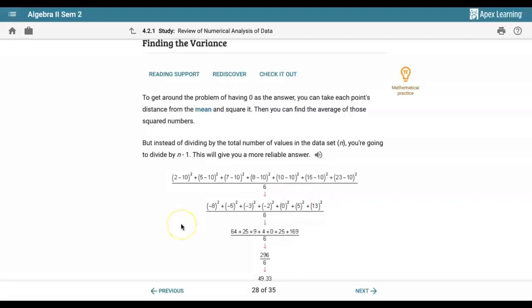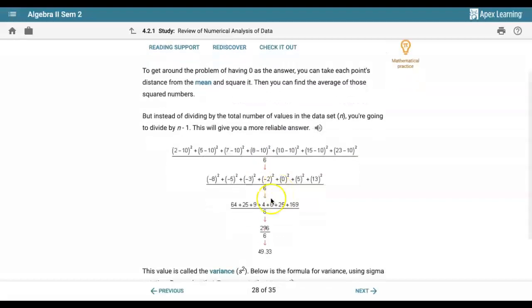And another thing we have to notice is that when we were doing our first original calculation, we had negative values if the point was lower than the mean. So in order to accommodate for that, we can actually square it, because that accommodates for the fact that it might be positive or it might be negative, but regardless, when you square it, the answer is going to come out as a positive number.